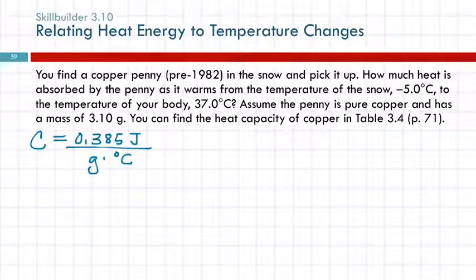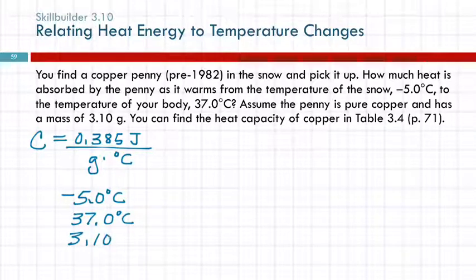Let's go back then and find all these numbers here. We have minus 5 degrees. And we have 37 degrees Celsius. And we have 3.10 grams.